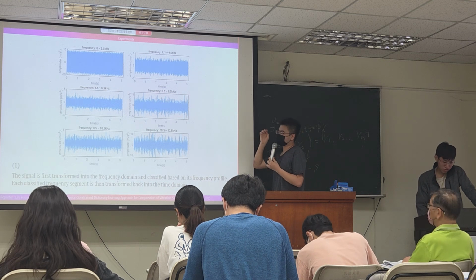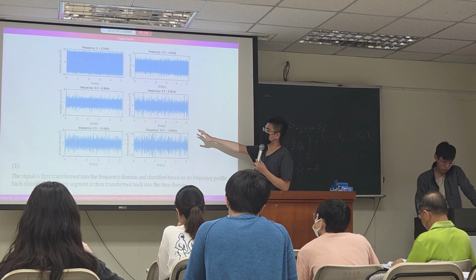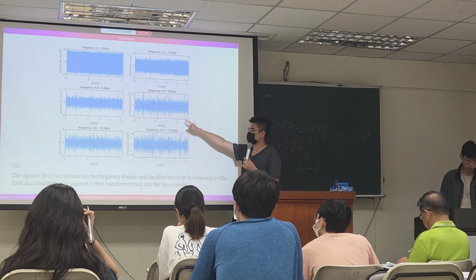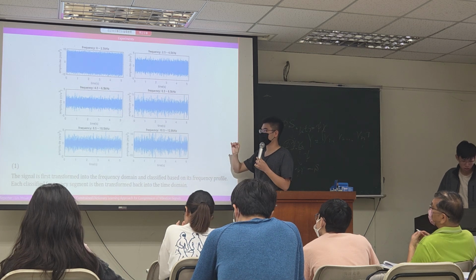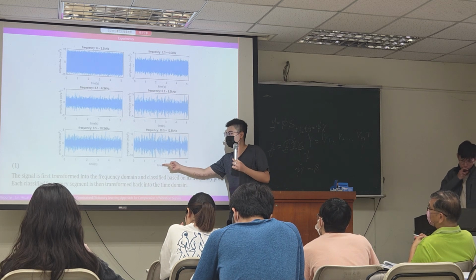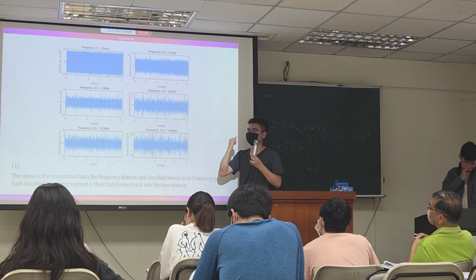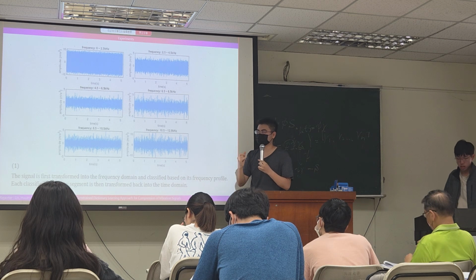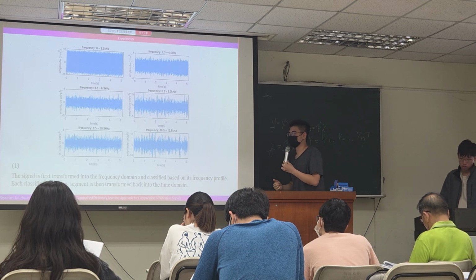Okay, we use Fourier transform to have 6 different frequency domain signals, and the frequency domain signals will be transformed to the time domain. 6 different frequency intervals. Okay, next, please.